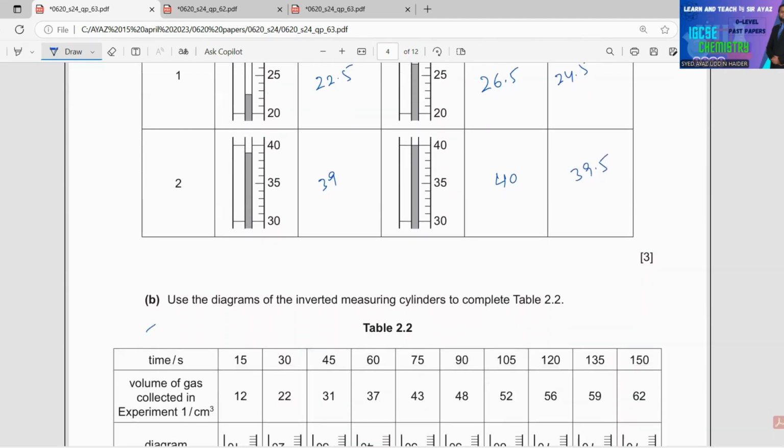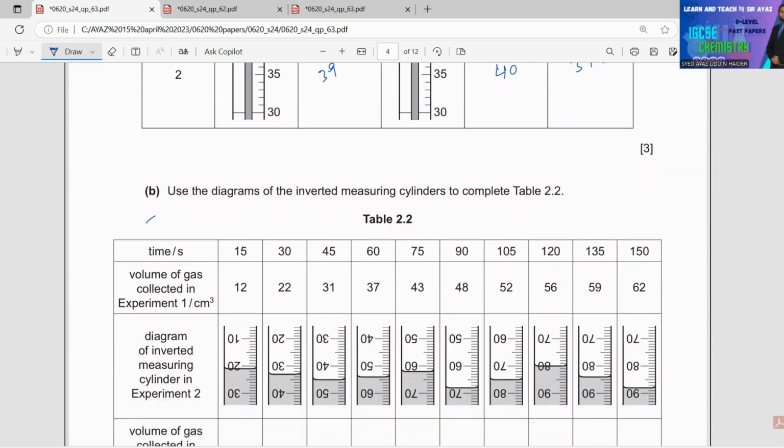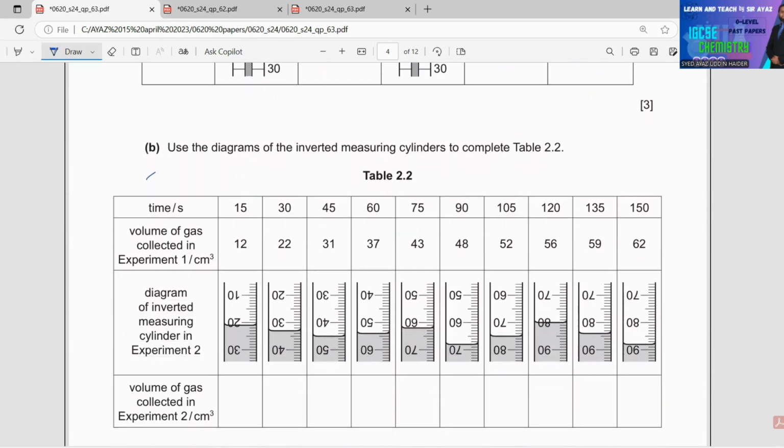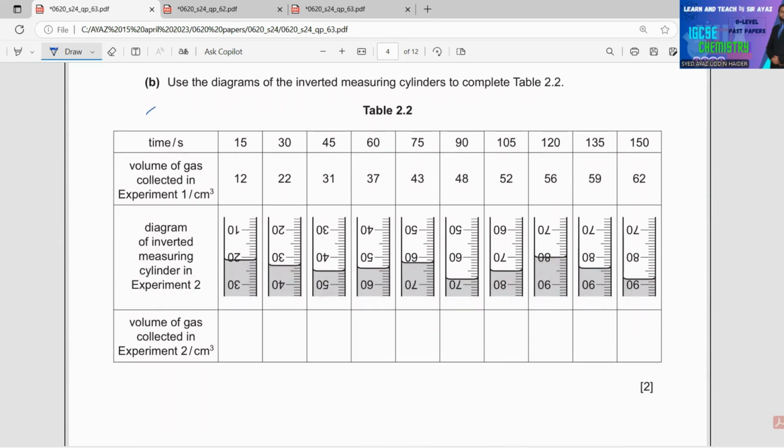B. Use the diagrams of the inverted measuring cylinders to complete table 2.2. For experiment 1, they already gave the volume of gas collected. We have 12, 22, 31, 37, 43, 48, 52, 56, 59, 62. So for experiment 2, the volume of gas collected is, the first one we are having 21. And second one we are having 31, 32, 33.